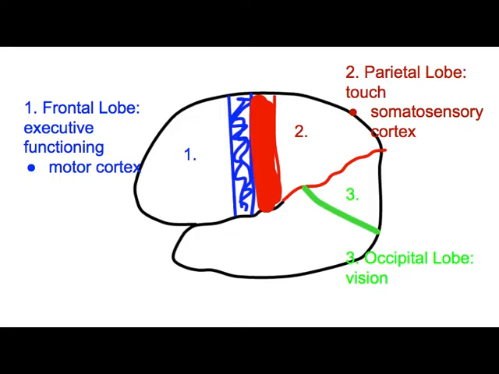Okay, so the next one is the occipital lobe. The occipital lobe has to do with vision. So what are we talking about with the occipital lobe?